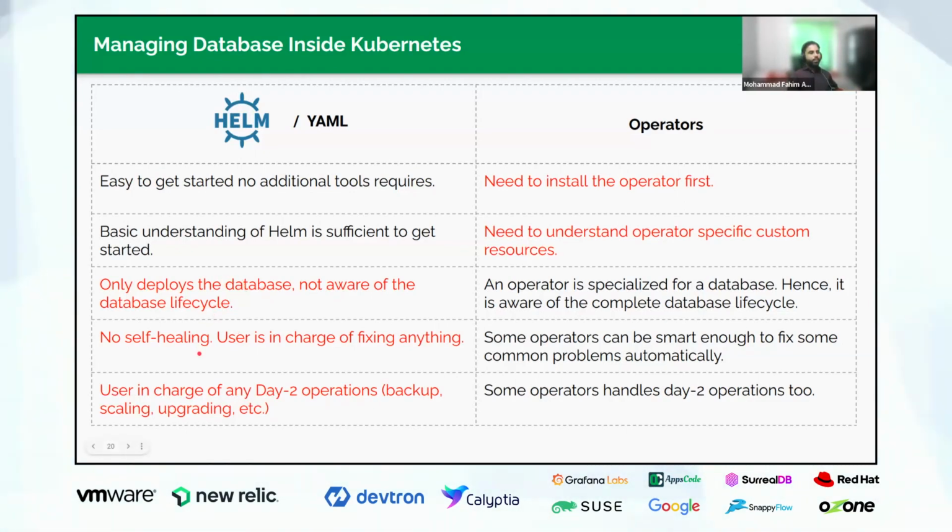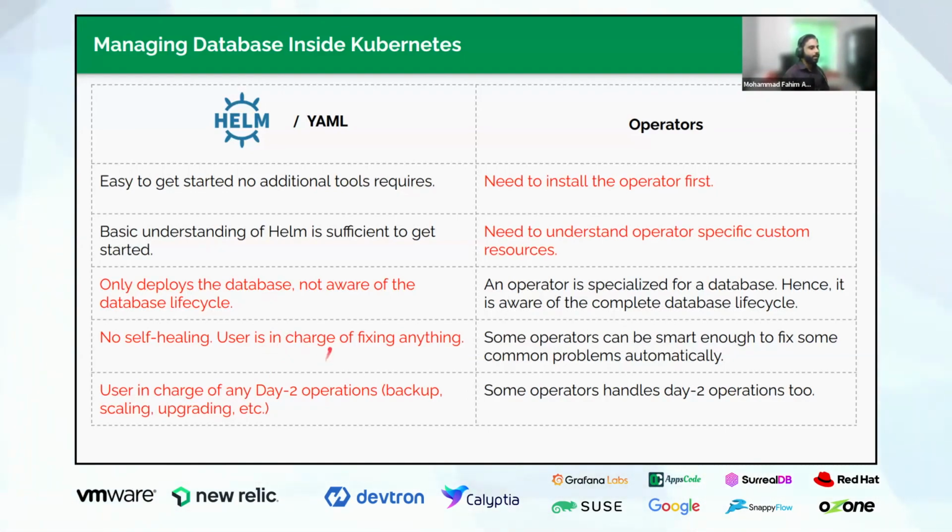Also, there is no self-healing when you are running a database with Helm. You are in charge of everything. You are in charge of fixing anything that happens on the database. Like, a pod goes down and doesn't come back properly, then your cluster now has one or two pods only if it had three pods before. So it's not working properly anymore. When it comes back, you can see that a split brain situation happened.